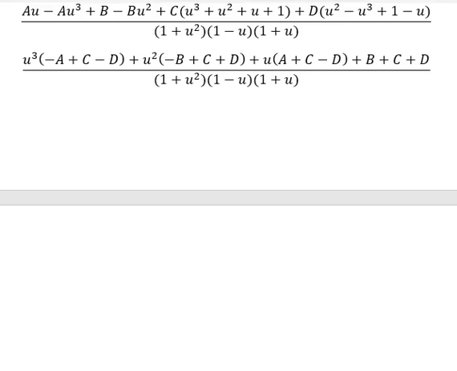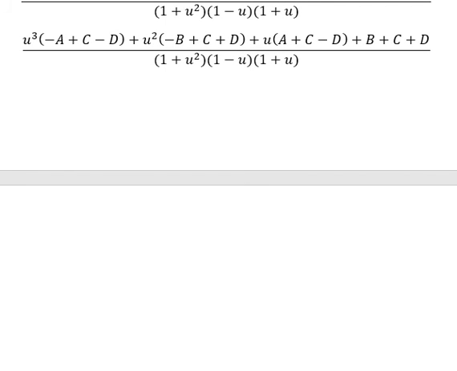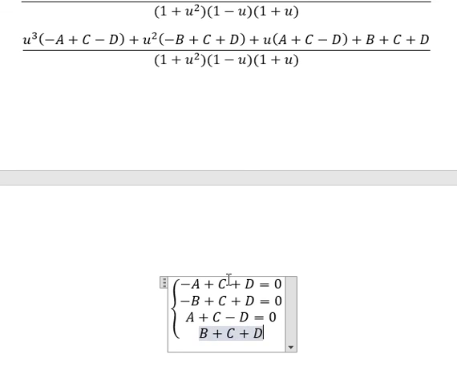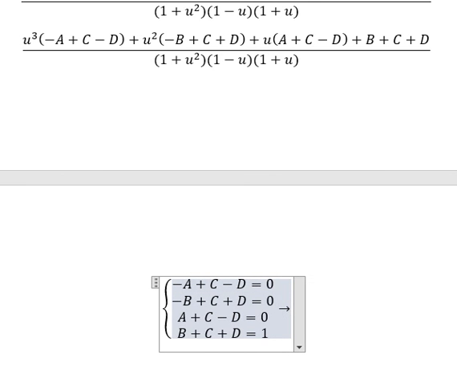And now we create the system of equations. Now we find the solution of a, b, c, d.